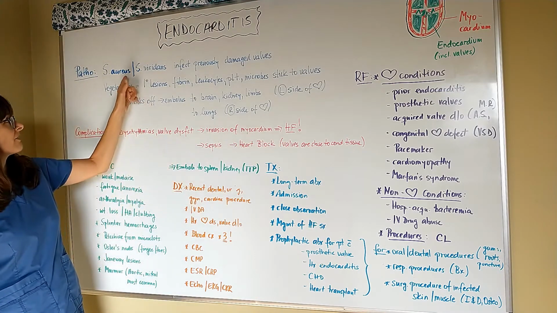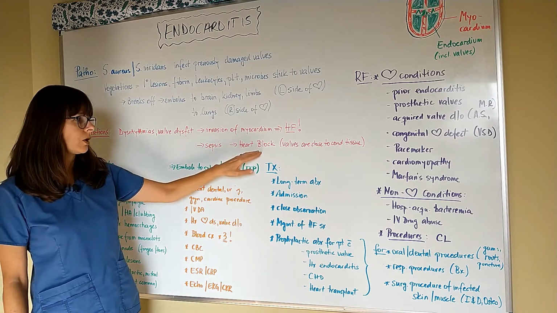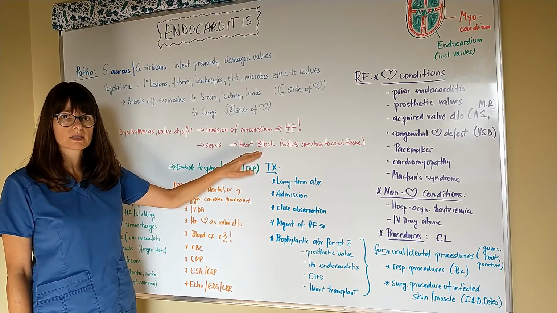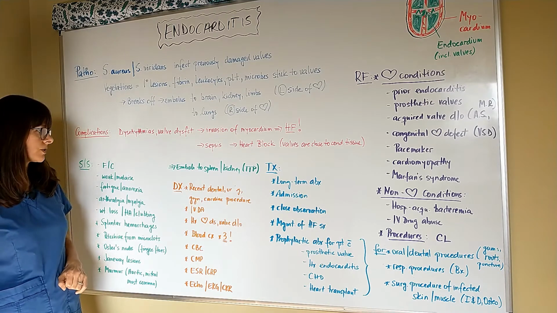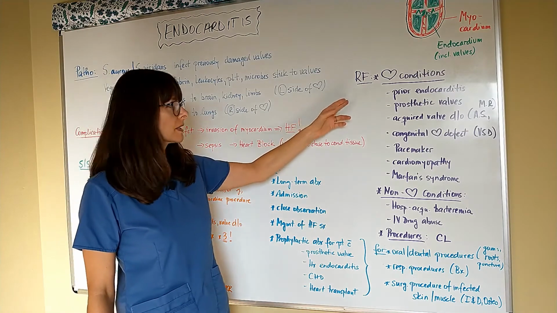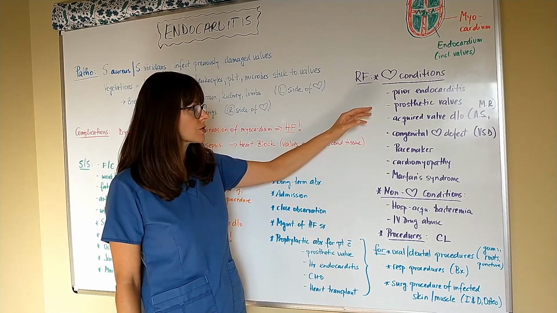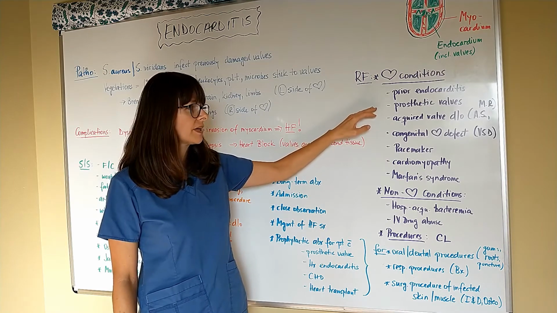And because we have a strep infection, it can lead to sepsis and therefore also heart blocks because of the closeness to the underlying connective tissue of the heart.